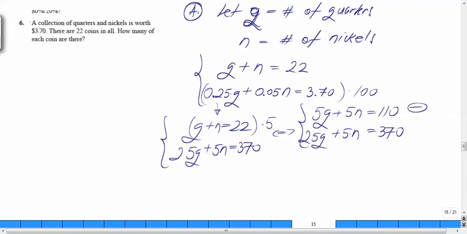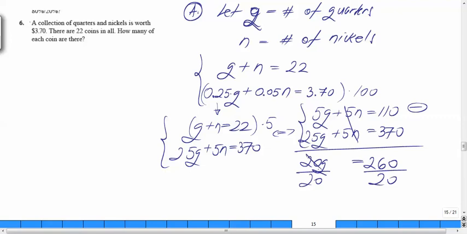This way my 5n and 5n will cancel out, right? 25q minus 5q will be 20q equals 370 minus 110, which is 260. Okay? Now I'll divide both sides by 20. And I have 20 divided by 20, which is 1. The number of quarters will be 13.